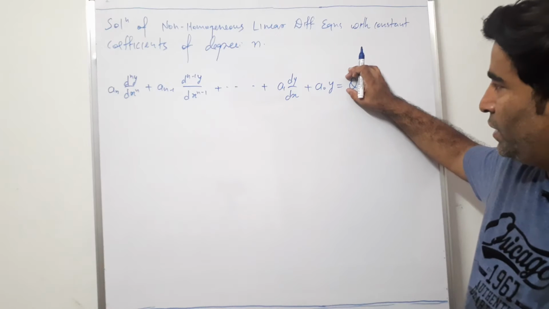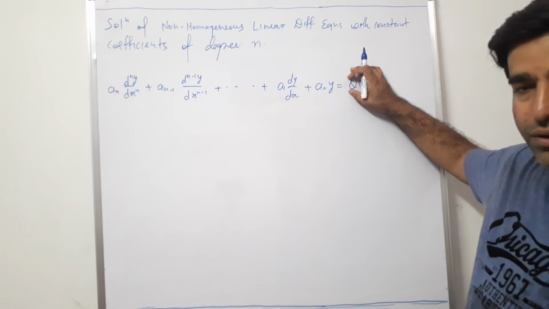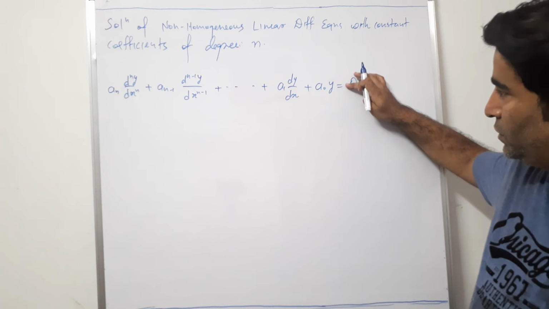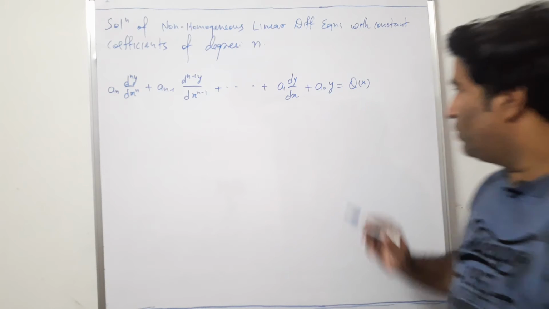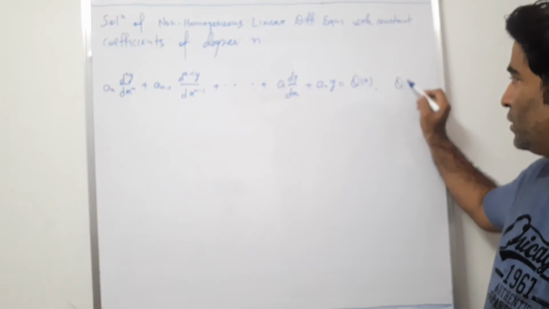Non-homogeneous means on the right hand side we have a function of x. If we take this function of x to be 0, then this differential equation is known as homogeneous. For non-homogeneous, Q(x) is not equal to 0.